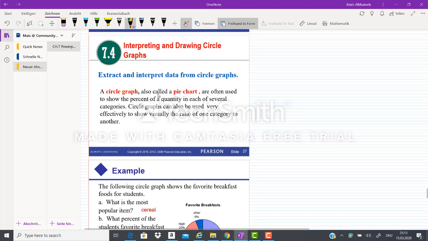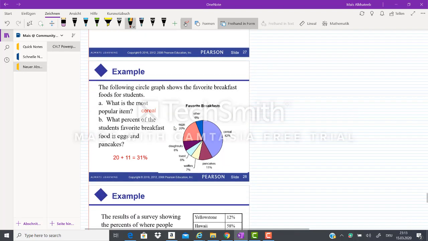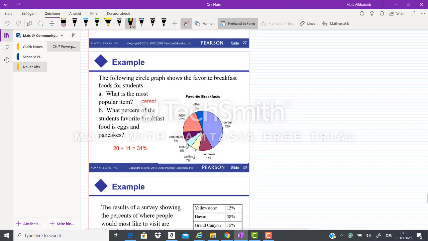Now we go to interpreting and drawing a circle graph. We call it a pie chart. We know it. Okay, a circle graph is very useful. You can use it with the percent of each thing. For example, the following graph represents the favorite breakfast food for students.